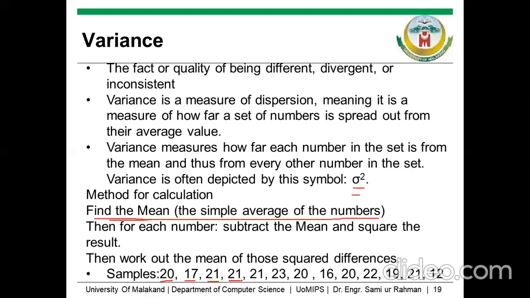And we will repeat this for all the samples. And then we work out the mean of those squared differences. So in the last step, we will compute the mean of those squared differences. So it will give us the variance.